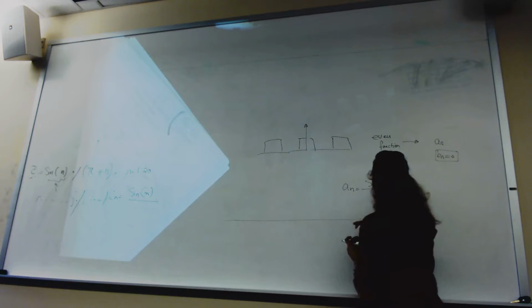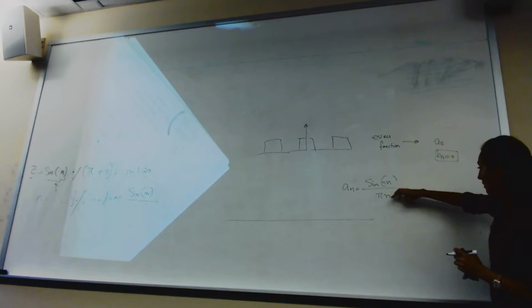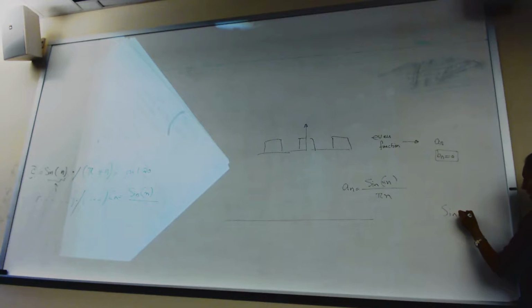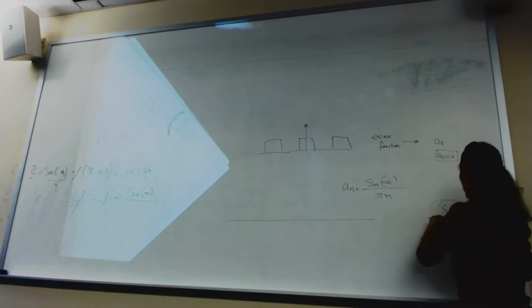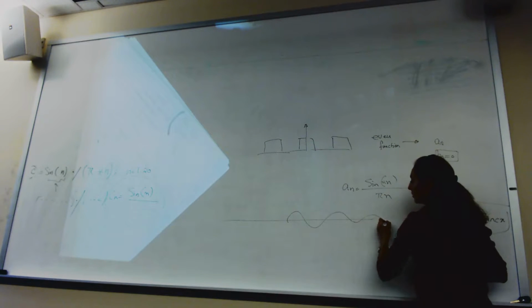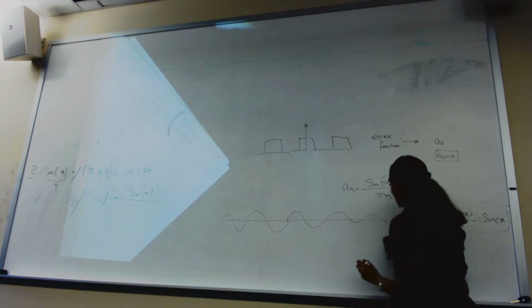You remember I told you, sine of x divided by x is called the sinc function. How does it look? It oscillates because it has a sine function. If you had only the numerator, sine of n, it would look something like this.